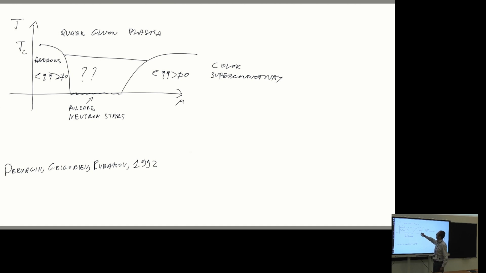We expect something like that, but there might be many phases here. Yeah, we have no idea. Even here, in principle, at a very high density and a very high potential, there might be something here. It's really unknown. But this is just motivational. I'm not going to talk about QCD finite density, unfortunately.